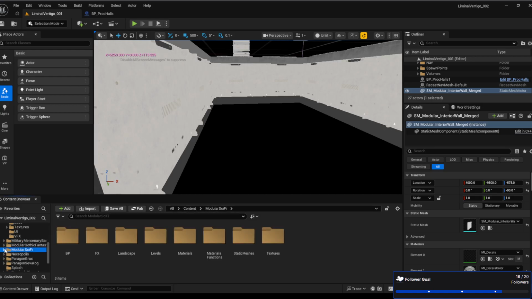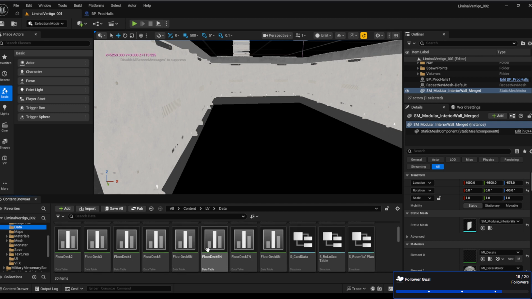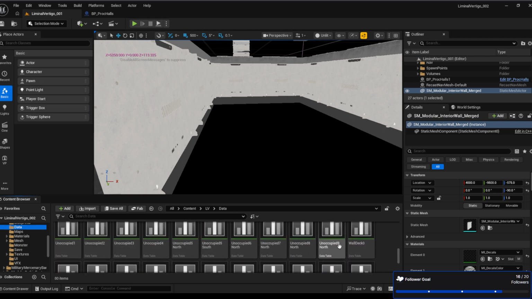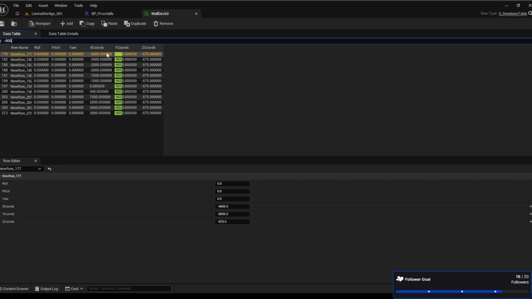Go back to my data. Look for walls. Stack 0. I'm looking for negative 8,000. And I'm looking for negative 1,000.